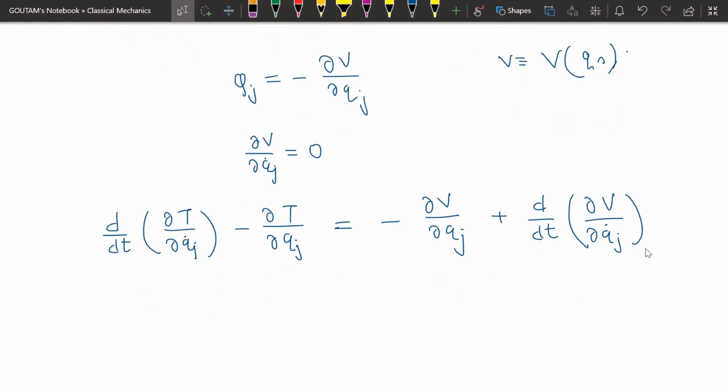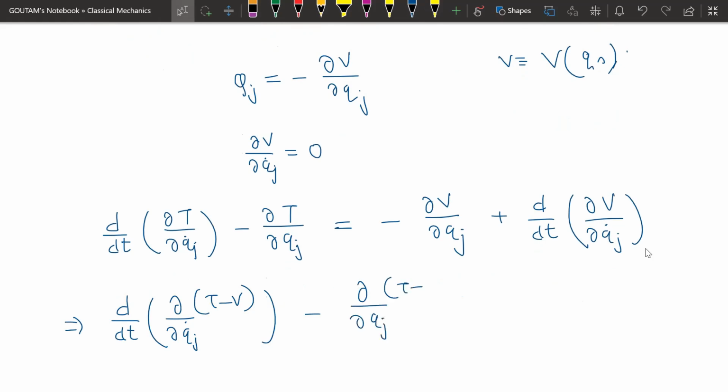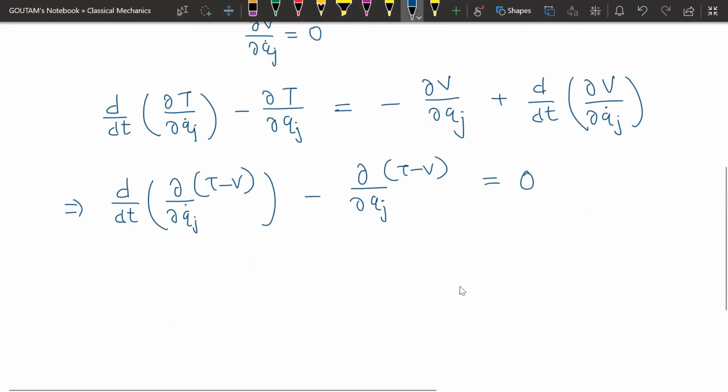Then we take these two terms to the other side. So we get d/dt of ∂(T−V)/∂q̇_j minus ∂(T−V)/∂q_j is equal to 0, and this is the Lagrange's equation, where T minus V is called the Lagrangian. So this is how we derived the Lagrange's equation, if you remember.